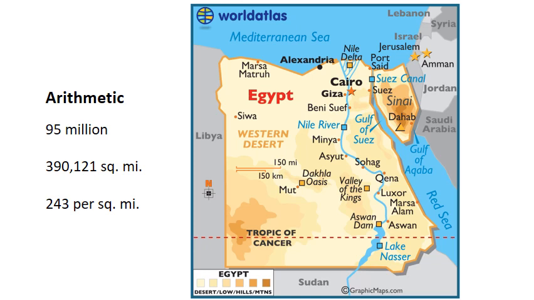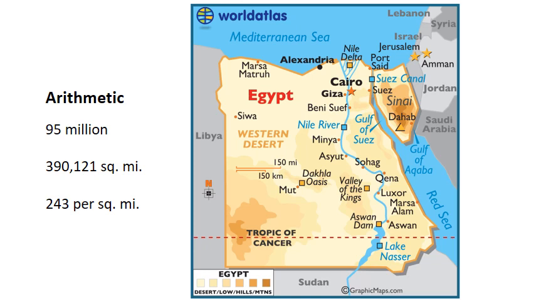I always use Egypt as my example in describing these different types of density. Now, Egypt is a large country with a large population, and the arithmetic density simply involves taking the 95 million people and dividing by the 390,000 square miles, which gives us an arithmetic density of 243 people per square mile, and that's not particularly dense as far as a large country goes.